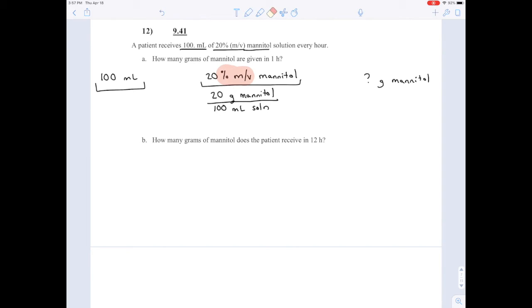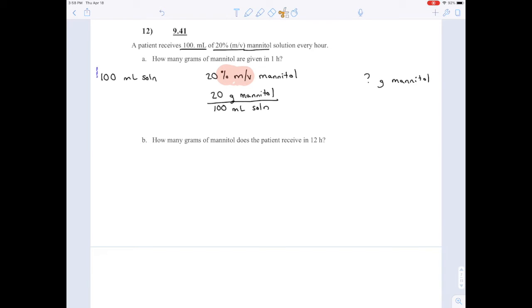So now, after you break that down, you can see a connection between milliliters of solution, which is what they give us, and SOLN is an abbreviation for solution, and this conversion factor that we made from the other number, specifically milliliters of solution.